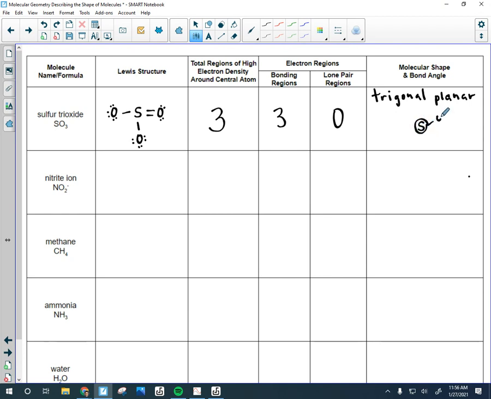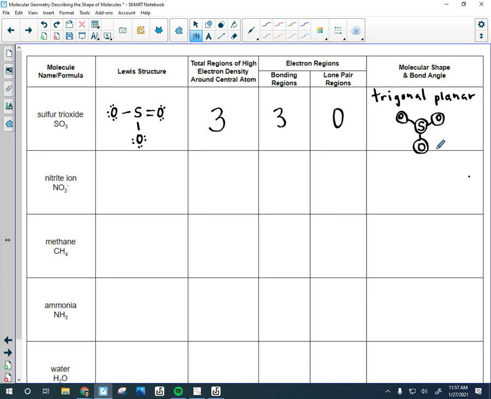And I want to put an oxygen here, an oxygen here, and then the third oxygen kind of down here. So that's what a trigonal planar molecule will look like. And any molecule that has 3 bonding regions but 0 lone pair regions will take this shape.